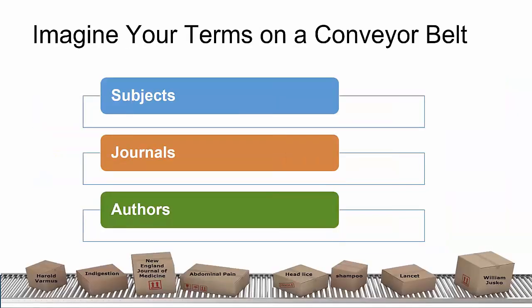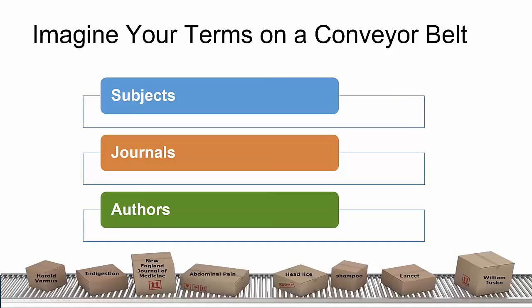So notice the conveyor belt that we have at the bottom of this slide. You can think of that conveyor belt as representing the ATM process. Imagine the terms you've entered in the search box as being on a conveyor belt that stops at each translation table. First, ATM tries to map your term to the subject translation table and connect them with 1 or more MeSH terms.